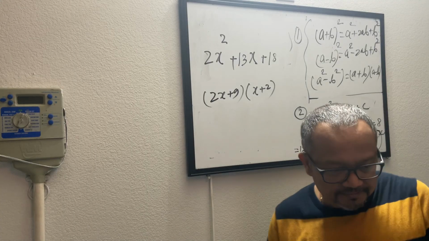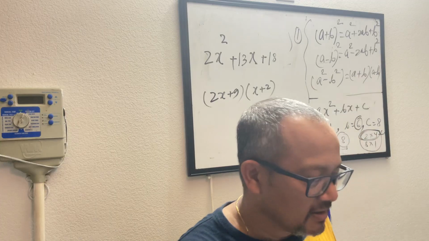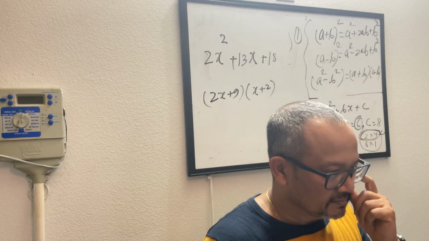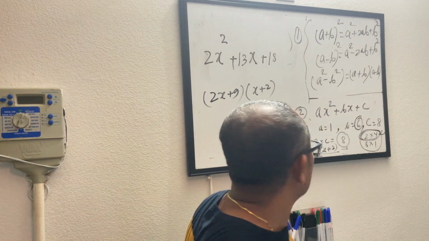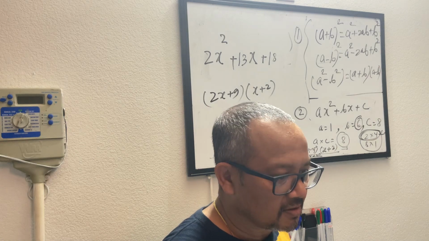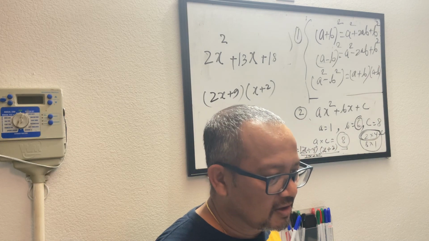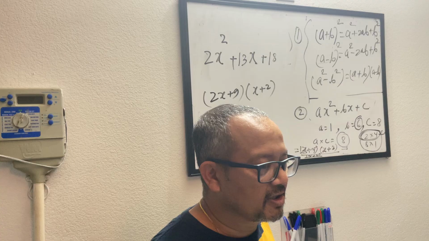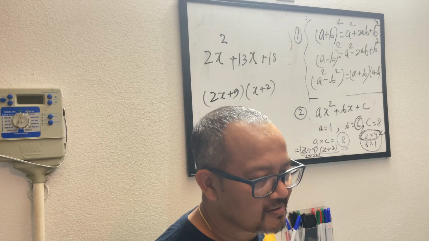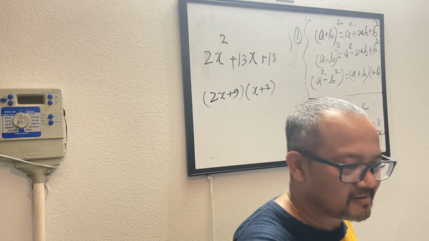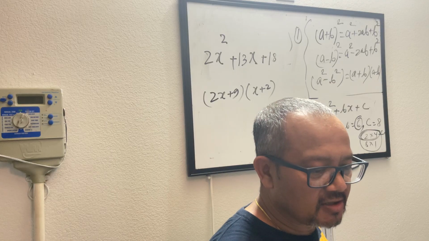What's happening, Myra? Yes, sir. I got the same answer here. 2x plus 9 multiplied by x plus 2. Okay. How about Myra? Myra, are you trying? Yes, sir. Anywhere close to being done?